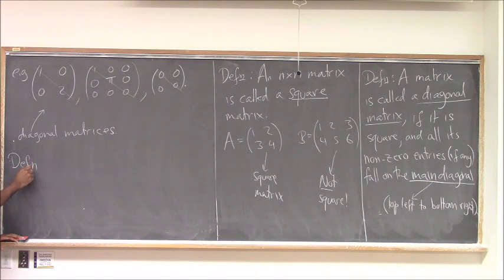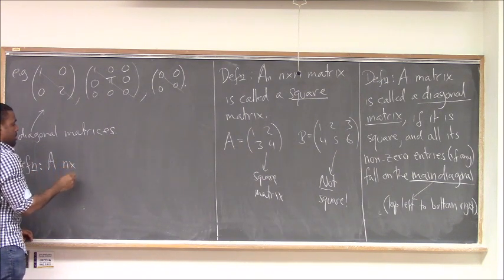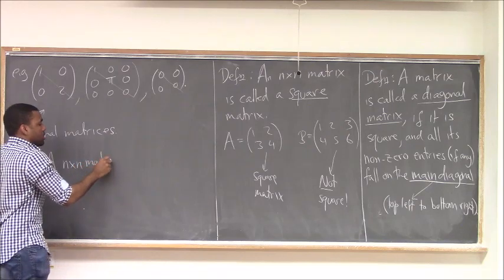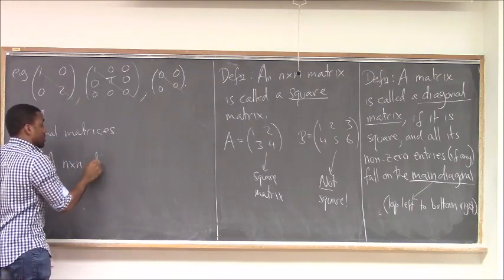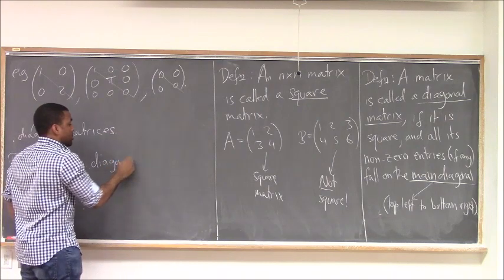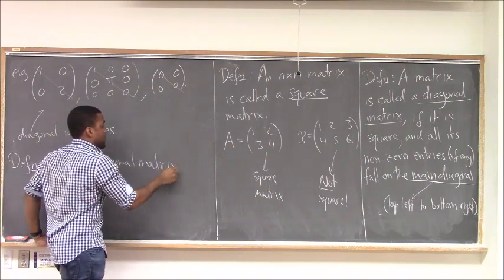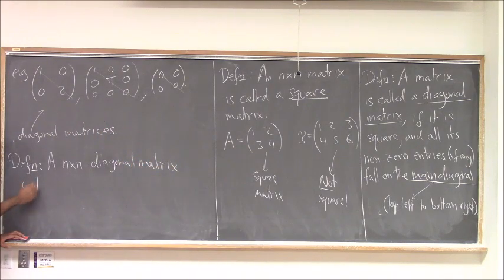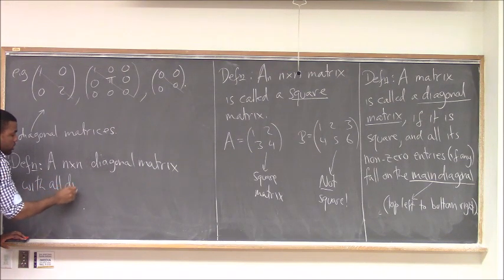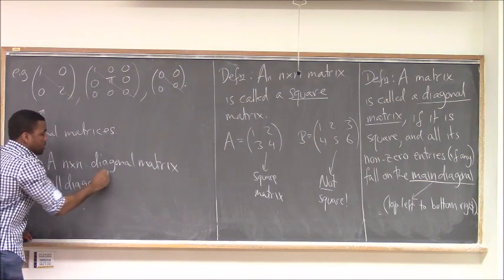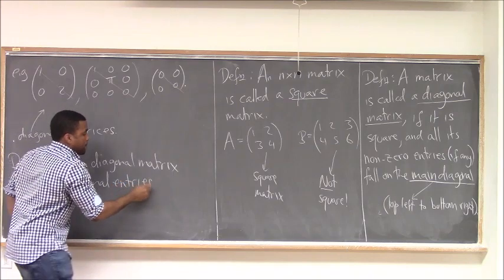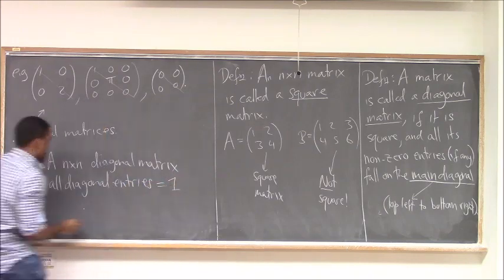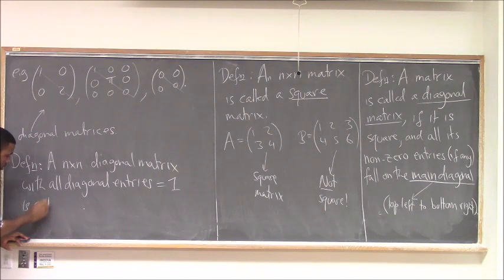This is another example of a diagonal matrix, but it's important enough to actually have a definition. An n by n matrix with all diagonal entries equal to 1 is called an identity matrix.